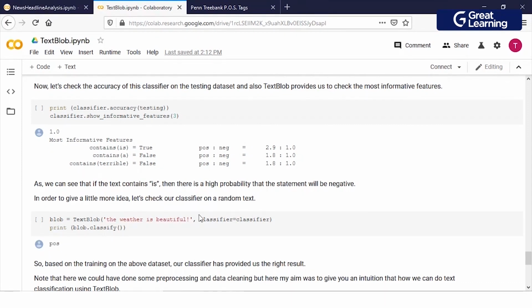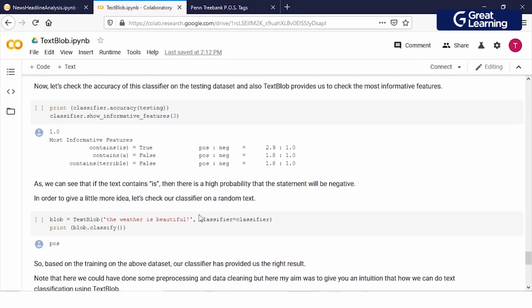If a sentence contains "is", contains means the sentence should contain "is". If "is" is present in a sentence, in the next case, if contains(a) is false, that means "a" should not be there in the sentence. Again, you can see "terrible" should not be there in the sentence.